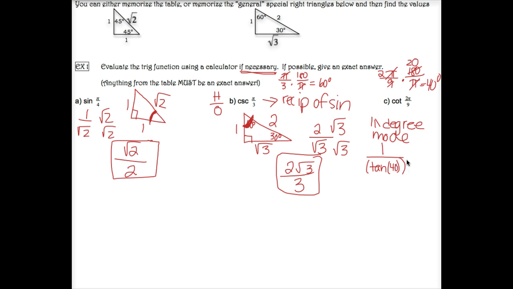So again, you can check your mode. It's the third line down. If degree is highlighted, you can do 1 divided by tangent of 40, close the parentheses, press enter. You should get 1.19, and we've been rounding to 4 decimal places, so we'll just continue that. 1.1918, which is the answer.